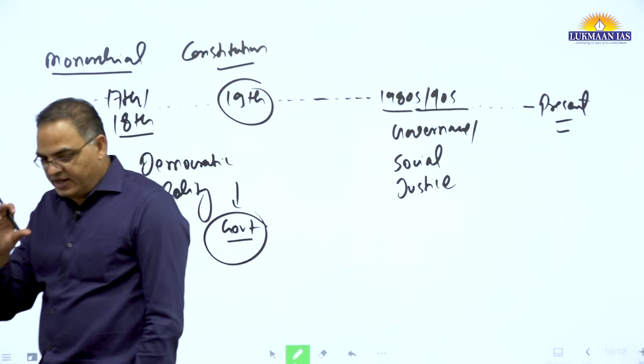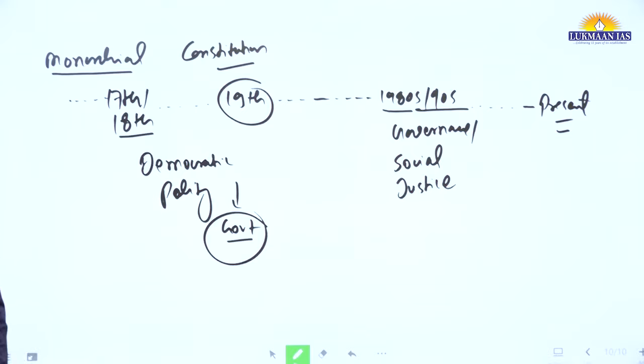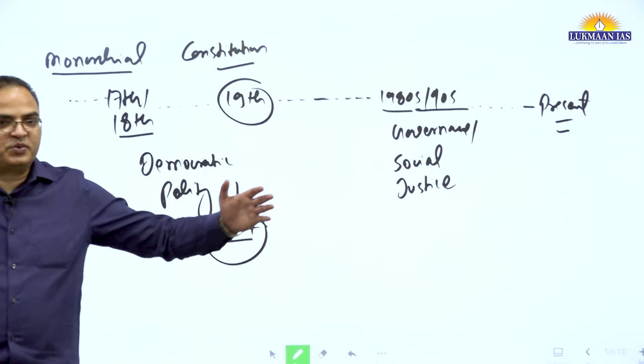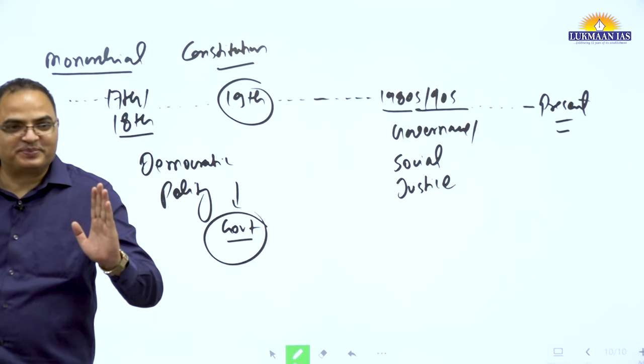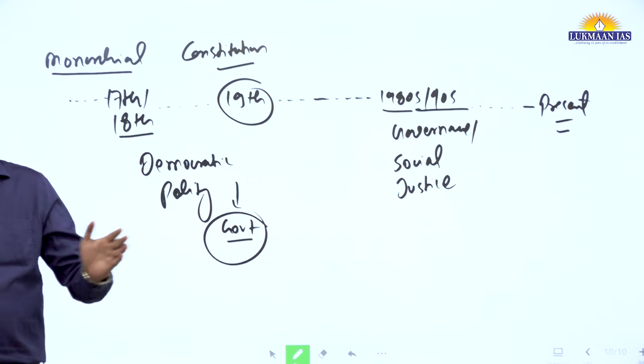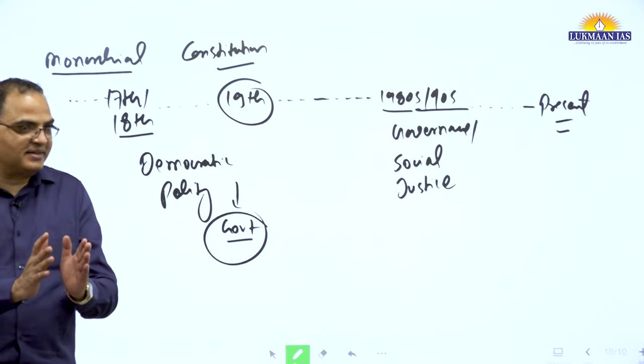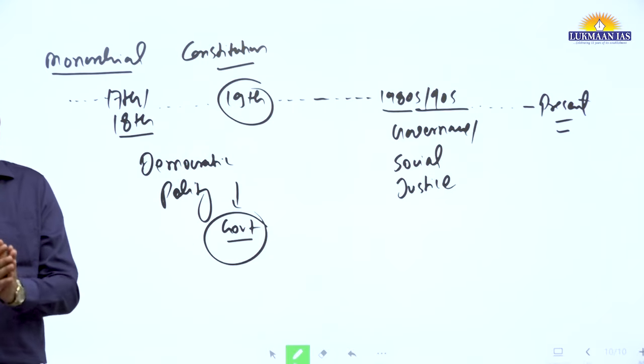So in democratic polity, the most important element is government. And all others are either to support government or check government.